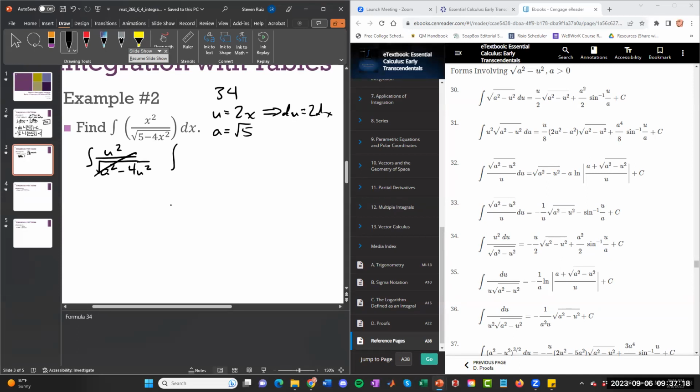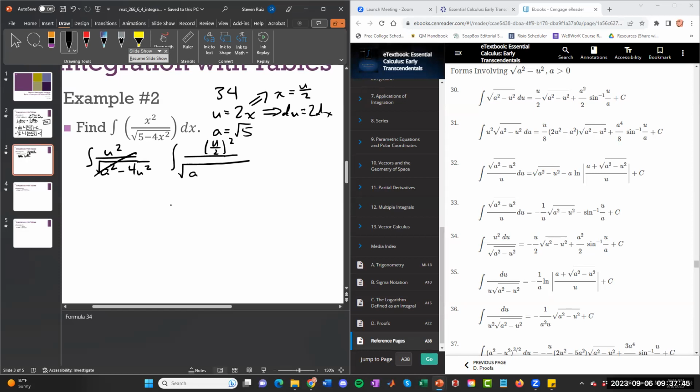What does that make the numerator of x squared? If u is equal to 2x, then what is x equal to? u over 2. So this becomes u over 2 squared. Again, we're straying from the form, but maybe that's not going to bother us as much this time.